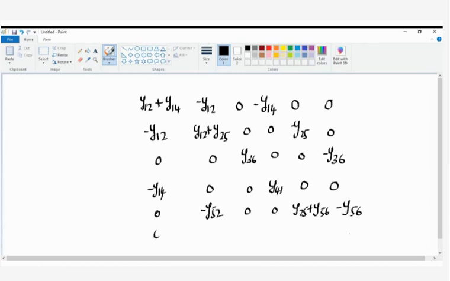And this last one is connected to node 3: minus y36, 0, minus y56, y56 plus y36.